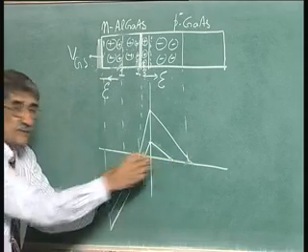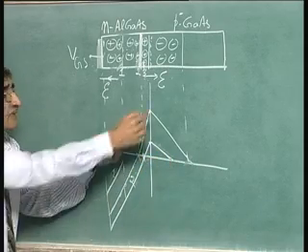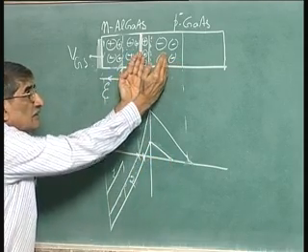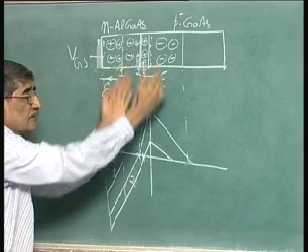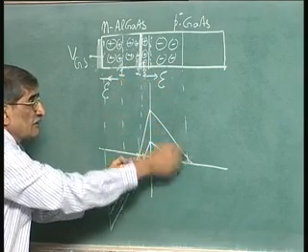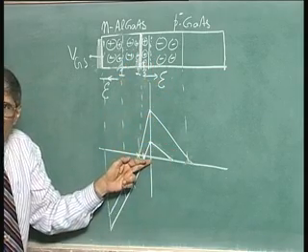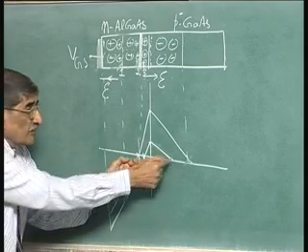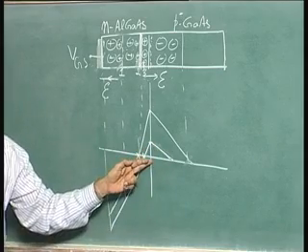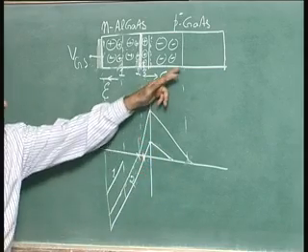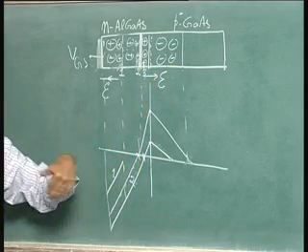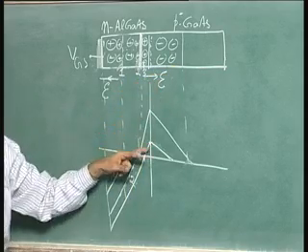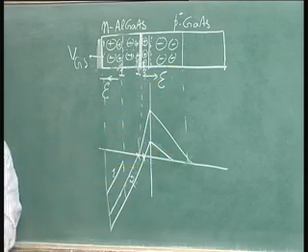So, the depletion layer has collapsed. So, the potential variation from here to here was the area under this curve. The new situation from here to here is the area under this curve. That means the notch which is there from here, or this potential variation from here to here, has got reduced.